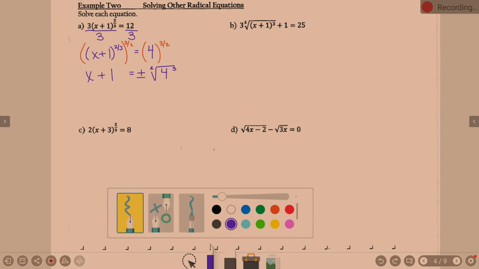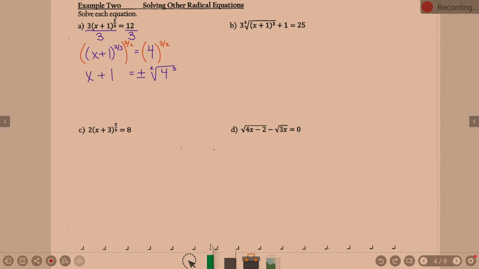And I'm going to write a side note up here. If the denominator or root is even, use plus or minus.